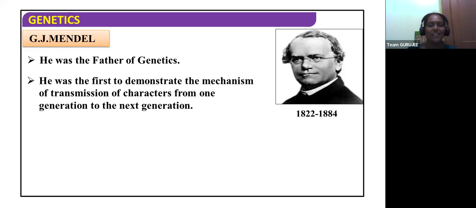Maybe he sat wondering how this is happening. So maybe that's the time that he had a golden idea to work on all these things. He was the first person to demonstrate the mechanism of transmission of characters from one generation to the next. We know this is happening, but how is it happening? The mechanism behind it was demonstrated by John Mendel.